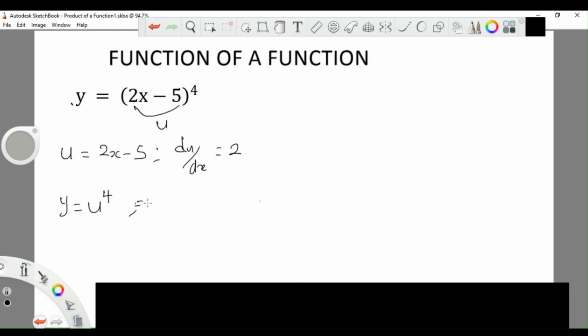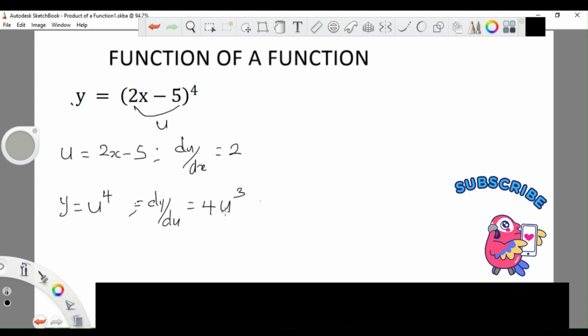Now, differentiate y with respect to u. That will give us 4, the power, times the function. So we have 4u. Then we minus 1 from the power, which is 4 minus 1 will give us what? 3. So when we differentiate y with respect to u, we have 4u to power 3.